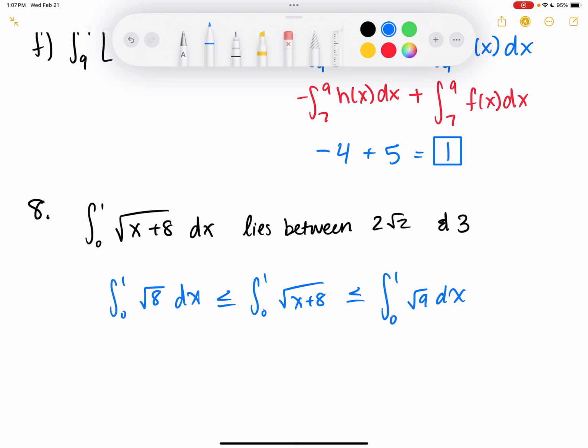So this is then 2 root 2. I think y'all know that's the square root of 8. It is less than or equal to this piece, which we don't have to do anything to. Oh, I forgot the dx on it. The integral of the square root of x plus 8 dx is less than or equal to 3.